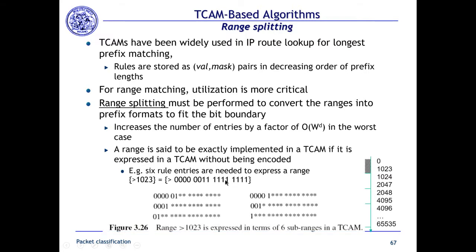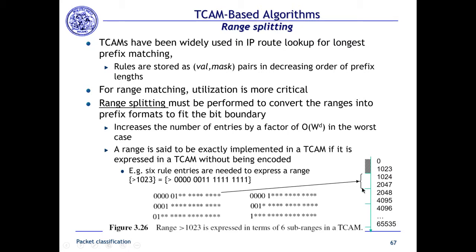If you translate it into regular expressions in the form of ranges, you have the range splitting phenomenon. Because, first of all, you have to consider the range between 1024 and 2046. This is the first possible range.